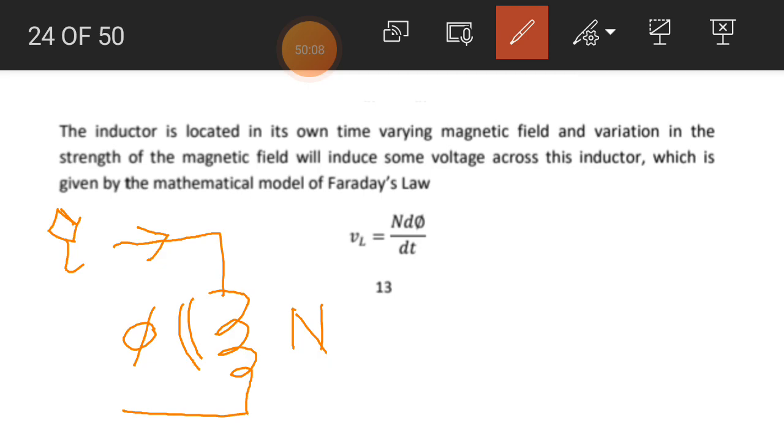This is not a mutual induction. This is self-induction. So according to Faraday's law, the time varying magnetic flux will induce some voltage across this passive circuit element, which is represented by VL, and VL will be equal to N d phi by dt.